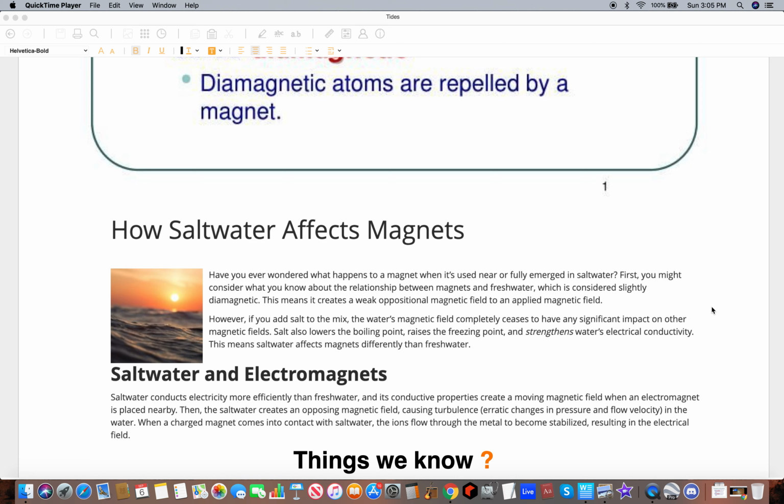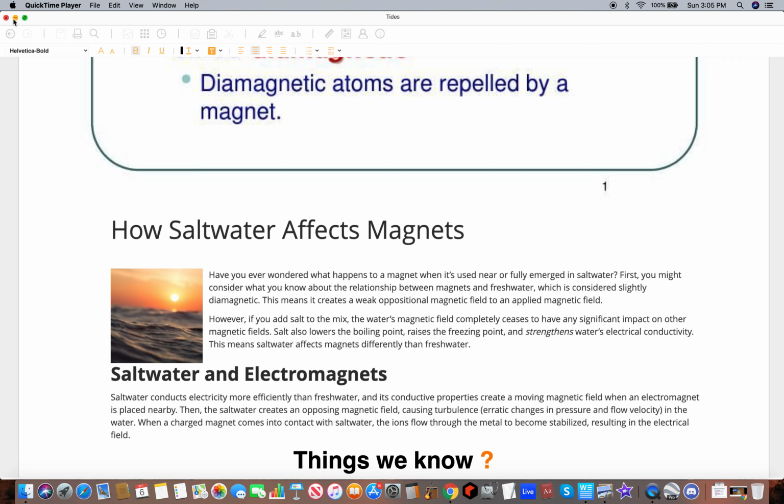When a charged magnet comes into contact with salt water, the ions flow through the metal to become stabilized, resulting in the electrical field. So a magnetic field has a much more turbulent effect on salt water than it does on fresh water. Fresh water is diamagnetic, but salt water has a different effect where it causes turbulence within it because the salt is a very good conductor of electricity.